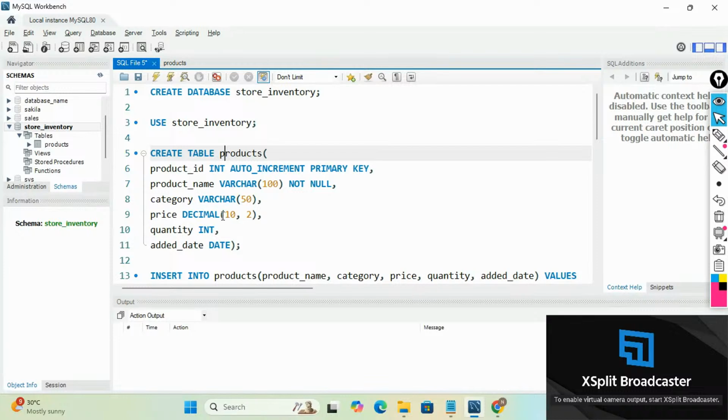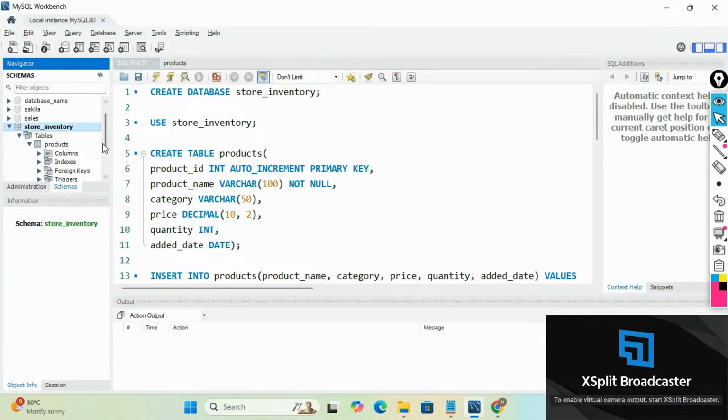Once the table is created, if you want to look at the columns, can we have a look? Yes. Just click on this arrow mark pointing towards the right side. You'll get a few more options. The first one is columns. Again, do the same. You'll get the list of columns that are part of this table.